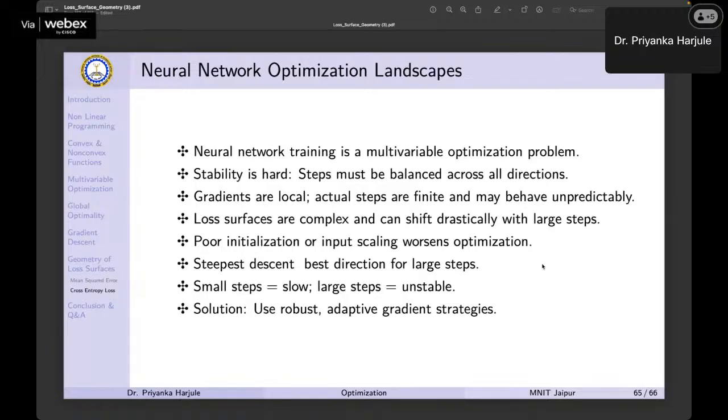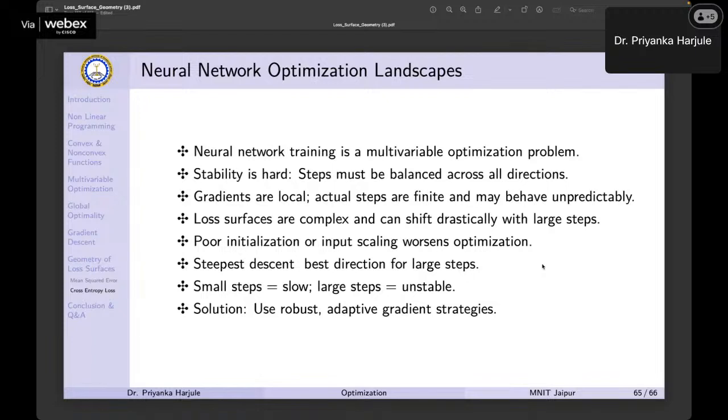The problem is that the gradients do change over a step of finite length, and in some cases they change drastically, as we have seen. The complex optimization surfaces presented by neural network optimization are particularly difficult in this respect, and the problem is further exaggerated with poorly chosen settings such as the initialization point or the normalization of the input features.